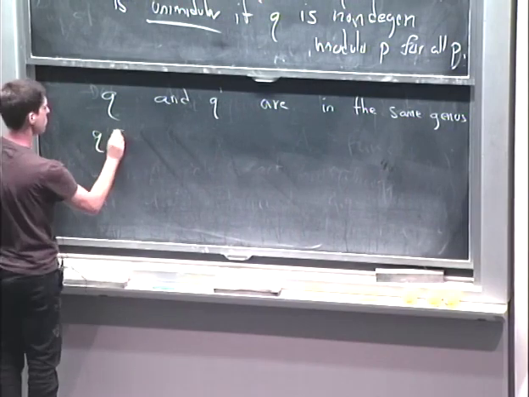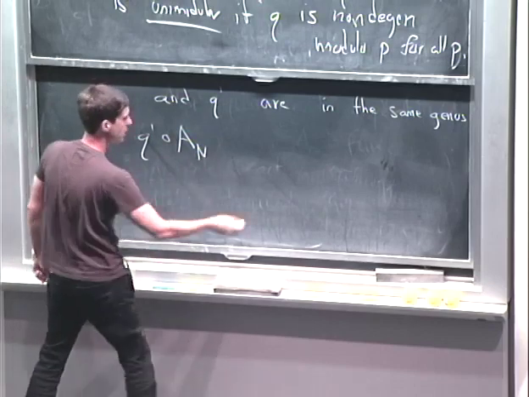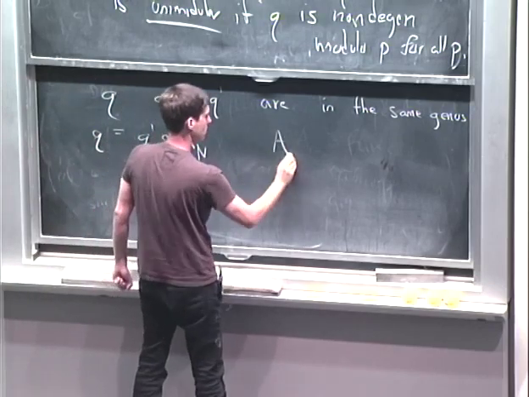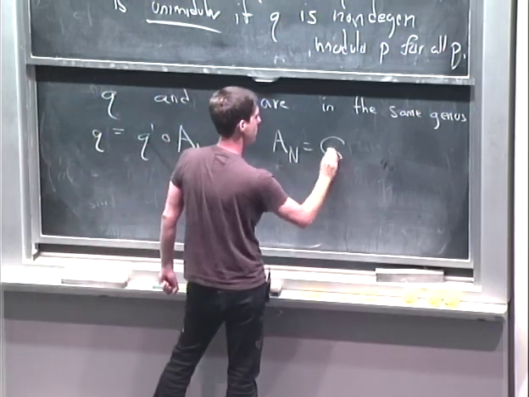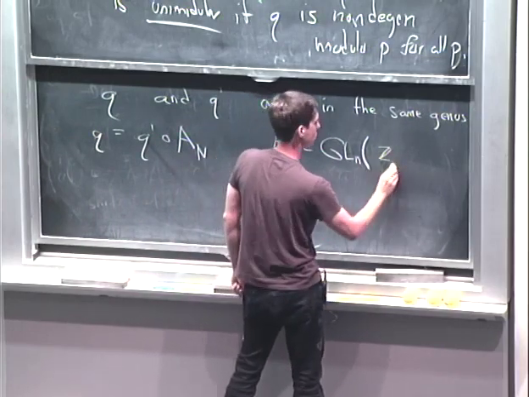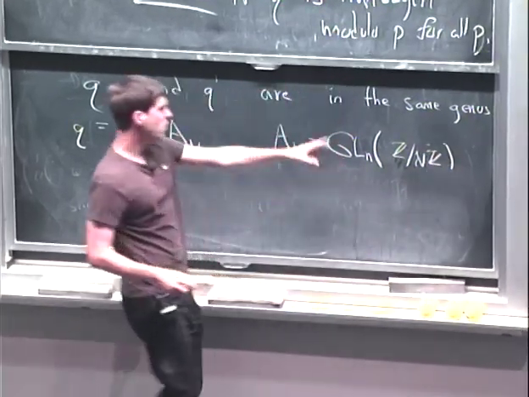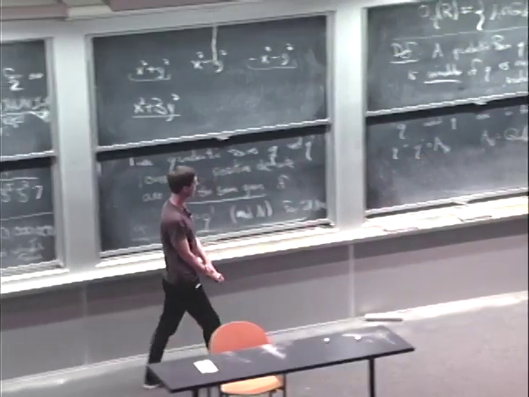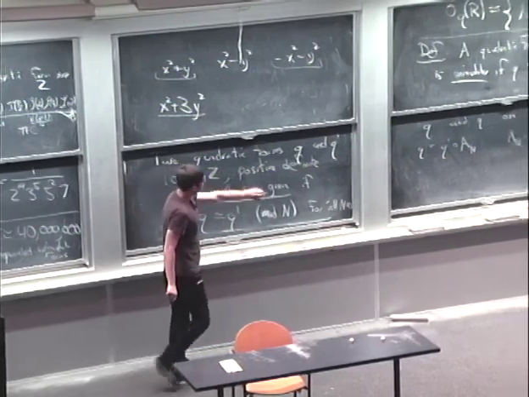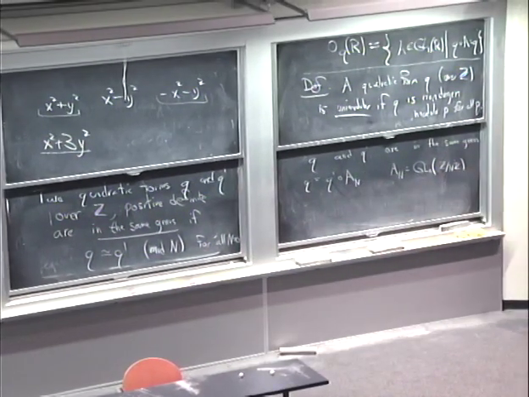So I can write Q is Q prime composed with A sub big N, where A sub big N is an n by n matrix over Z mod big N. Here, little n is the number of variables. Okay, so there is such a matrix A sub N. That's what it means to be in the same genus.